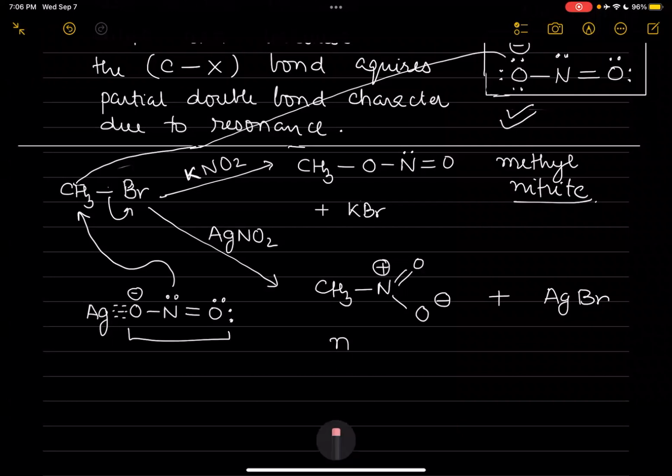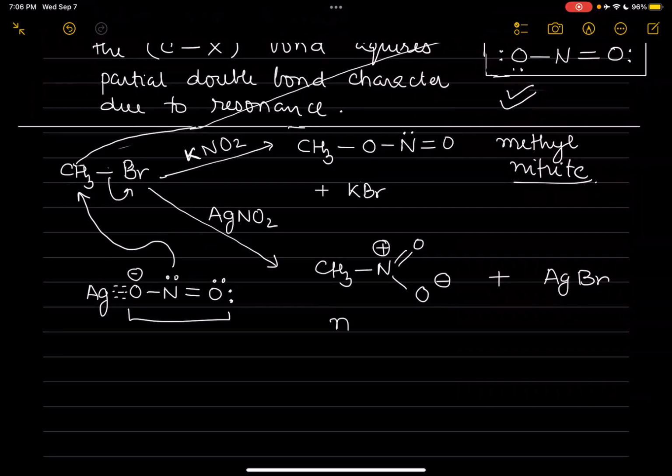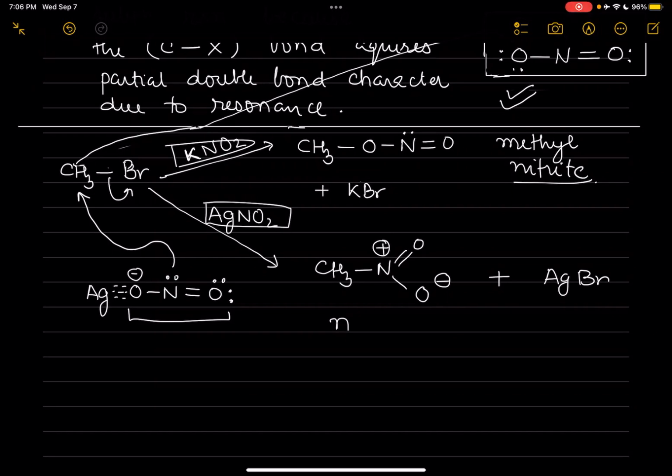No, actually, these are two different reactions. Don't think that way; instead of writing two separate reactions, I just wrote one. I asked what you will get if you react this with KNO2, or what you will get with AgNO2. Two different reactions, but I have shown them simultaneously by two arrows.